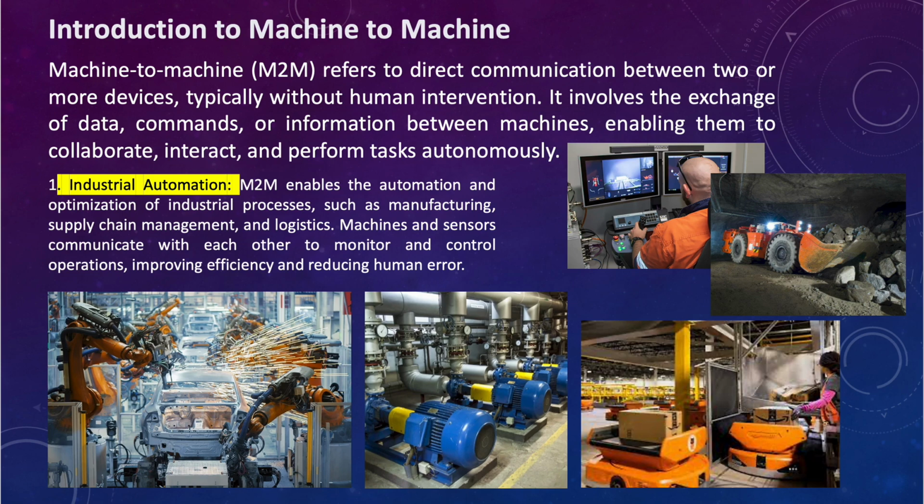Here, in machine to machine communication, we could see that robotic arms working together to build, right? In this example, let's go through the examples and we will try to understand machine to machine. And while going through these examples, you will definitely see that today Internet of Things have taken over machine to machine.